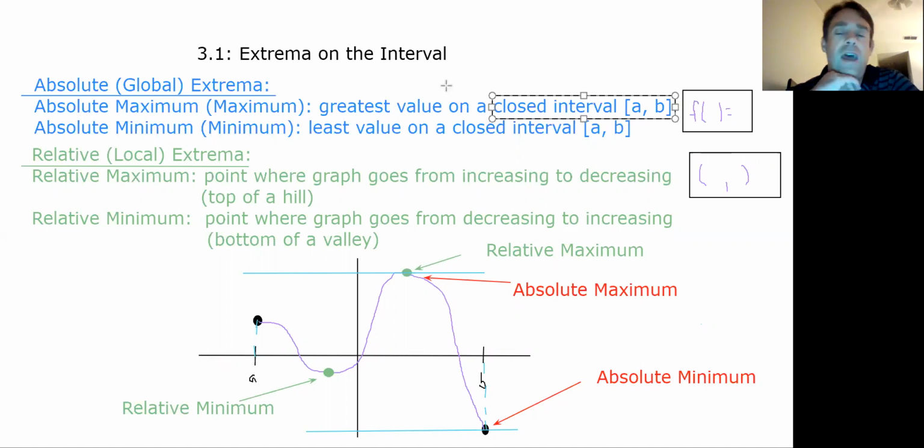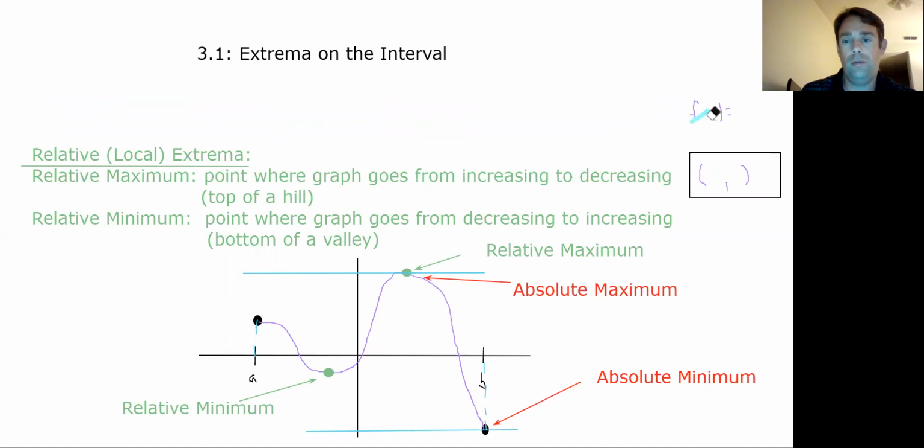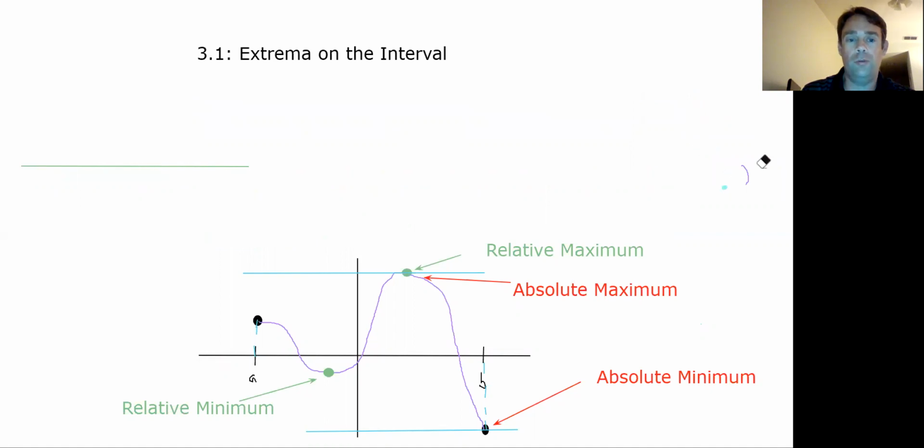Relative extrema don't have to be on a closed interval. It can go from negative infinity to positive infinity. They can go the entire gamut. So we have these ideas of extrema, and I'm hoping you're starting to get the language a little bit, because today's going to be a lot about language. Okay. So absolute extrema, relative extrema.